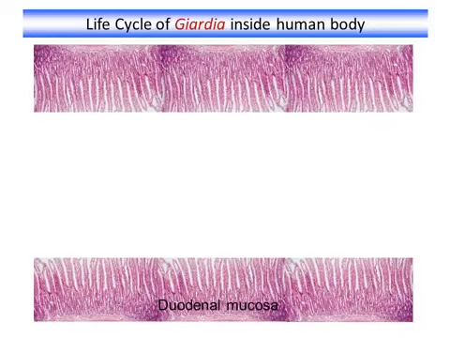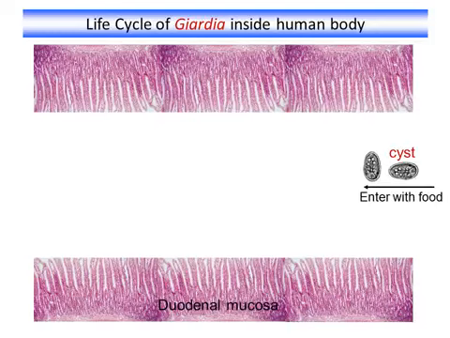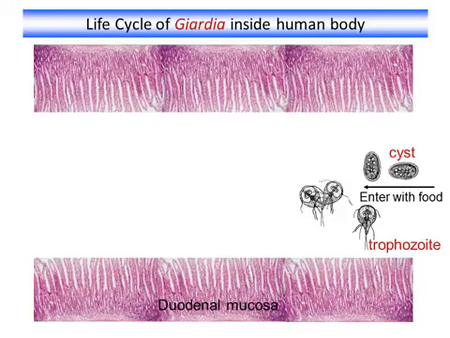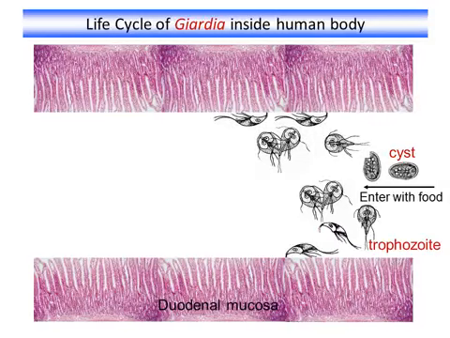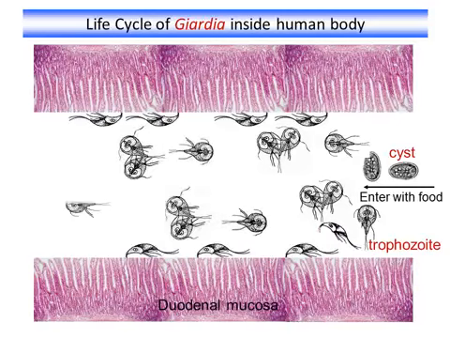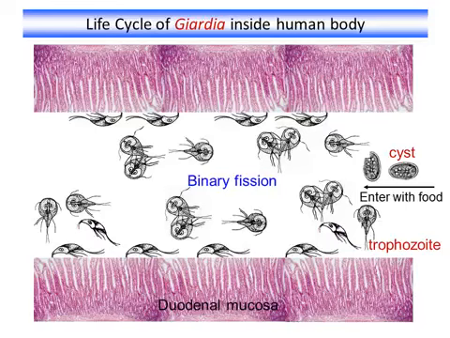Cysts enter with food and become trophozoites. These trophozoites reproduce by binary fission on the border of the duodenal mucosa, and again become cysts. The cysts pass in stool.